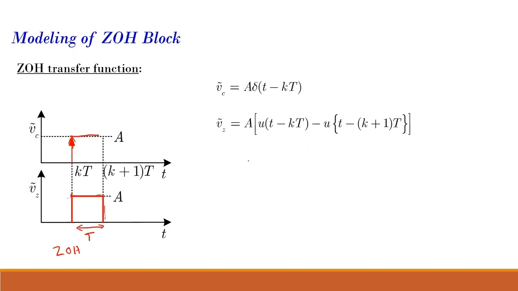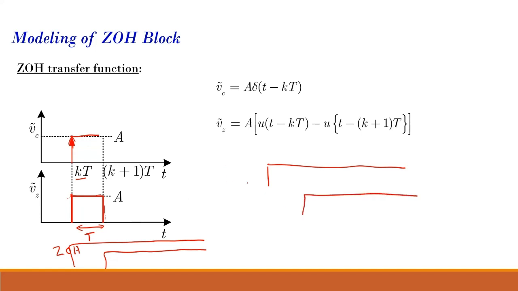So this wave can be represented as follows: there is one unit step starting at this point, t minus kT, and there is another unit step starting at this point, t minus (k plus 1)T.